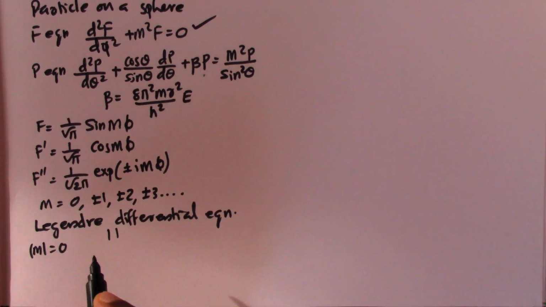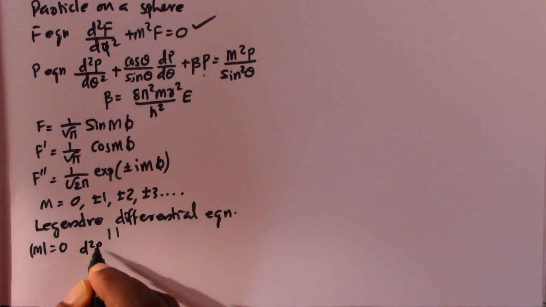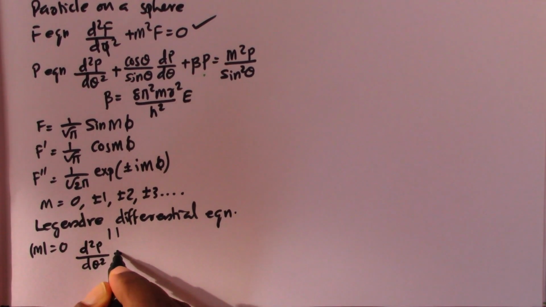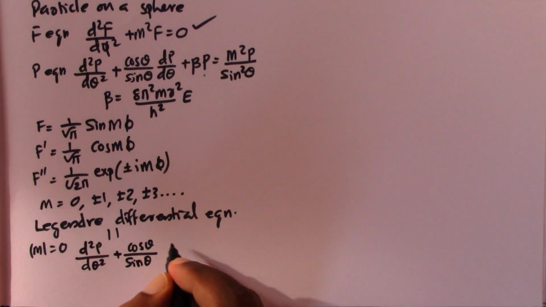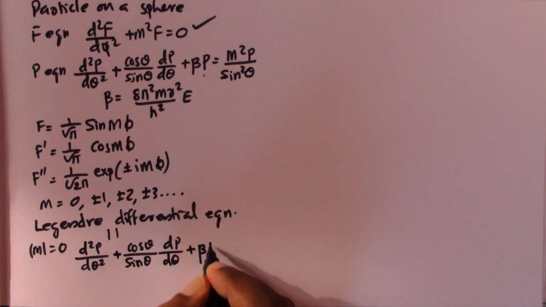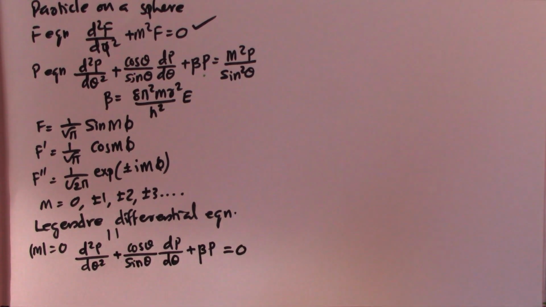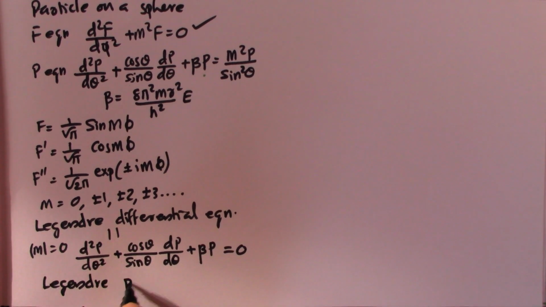So for m equal to 0, we get a Legendre differential equation, that is d square P divided by d theta square plus cos theta by sin theta, dP by d theta plus beta into P is equal to 0. The right hand side is equal to 0. So the solution of this equation is a polynomial called the Legendre polynomial.